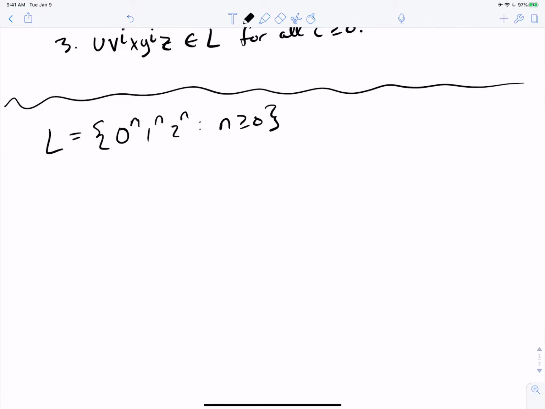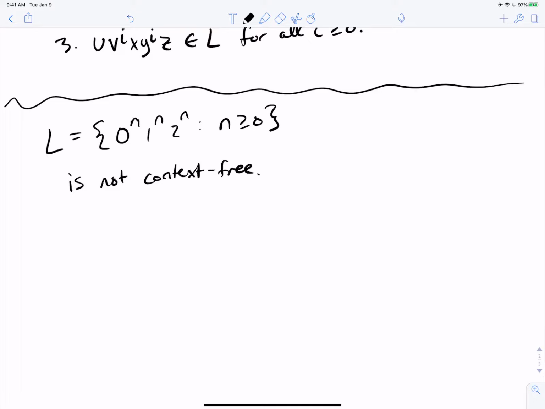Okay, so what do you think this one is? Context-free or not? I wouldn't lead you guys down the garden path. Okay, so this one is not context-free. So no grammar, no PDA could ever recognize this language.